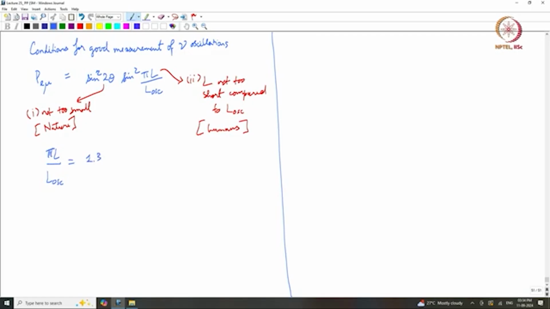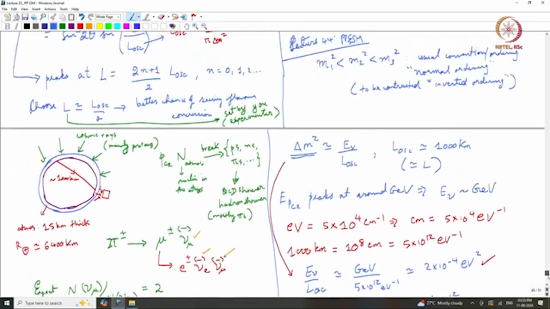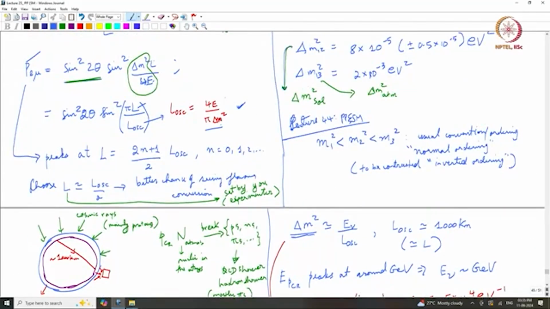So it is useful to write the argument of the sine there, the pi L over L oscillation, right, inside here. I am going to normalize the L to a kilometer and delta m squared. So remember the L oscillation contains E and delta m squared over here, right.